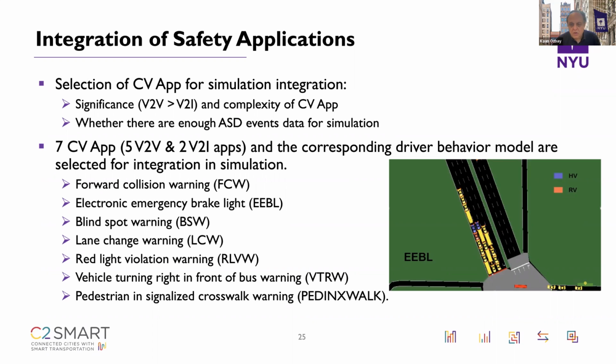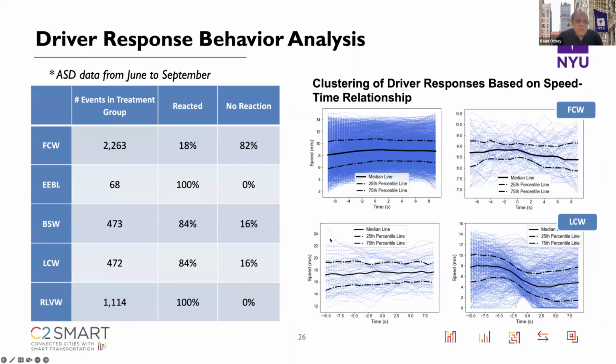And here on the right side, you see a visualization of electronic emergency brake light. Let me see if I can run it. Vehicles approach the intersection, and the red ones are braking, the purple ones are responding to that, and then we collect data from these kinds of simulations.